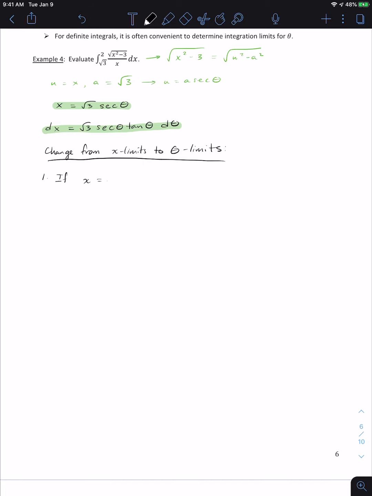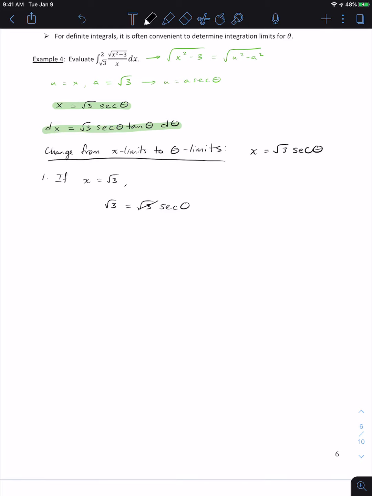If x equals radical 3, then we're going to use, again, our x equals radical 3 secant theta in order to change it. So if x equals radical 3, then what do I get? Well, radical 3 equals radical 3 secant of theta, right? I'm using this equation right there. And I'm plugging in x equals both those values, and I'm finding theta, right?